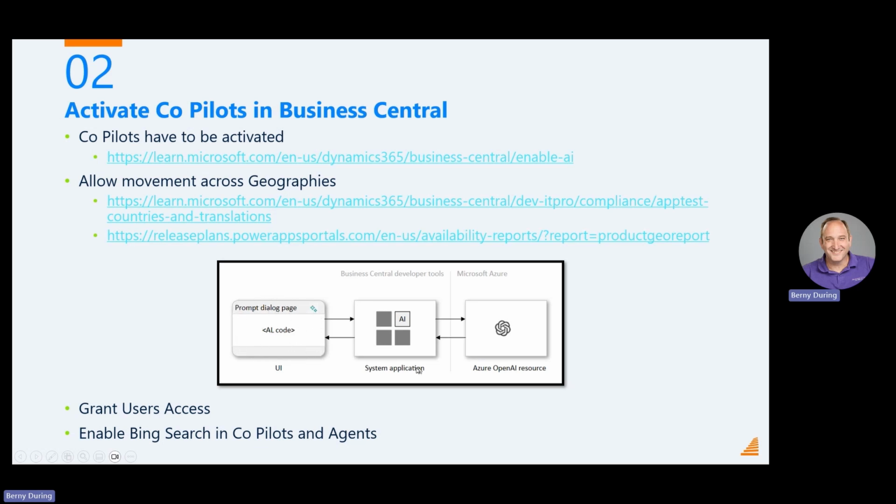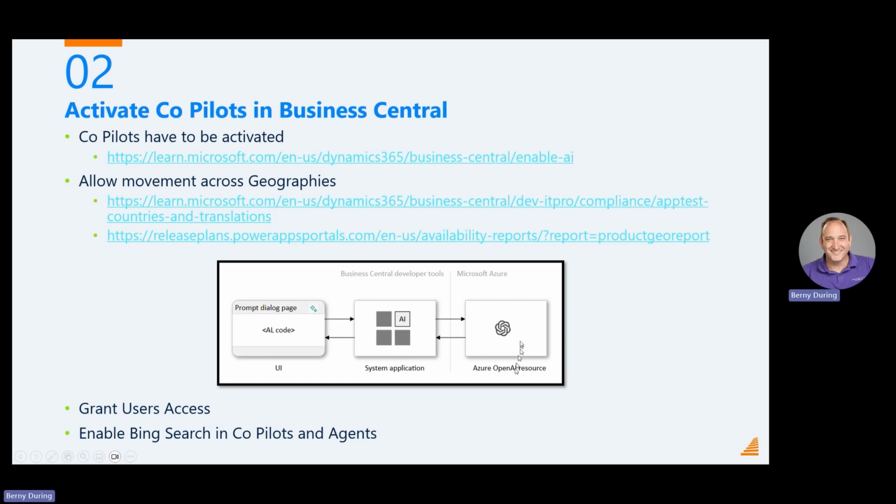That sends the information to the system application, and all the integration to the AI is written through the system application, and that connects to an Azure OpenAI resource. So in Azure, you create an Azure OpenAI resource of type, not Copilot, what's it called?